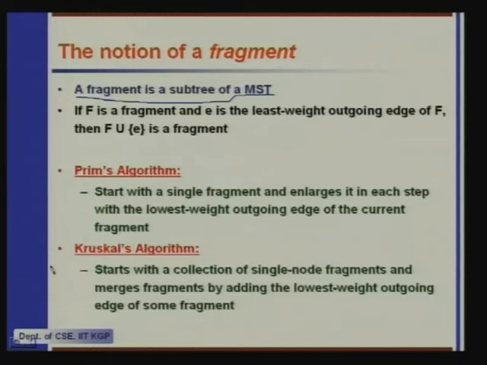So, when these two fragments are merging and these two fragments are merging, that can happen in parallel, right. So, there are certain interesting things about Kruskal's which makes it interesting to see how we can adapt it to the distributed setting. And the algorithm that we are going to study is an extension of Kruskal's in the distributed setting.